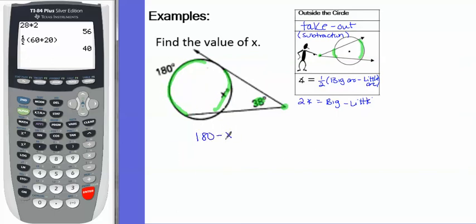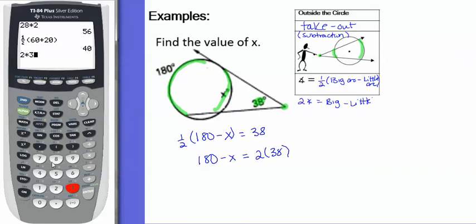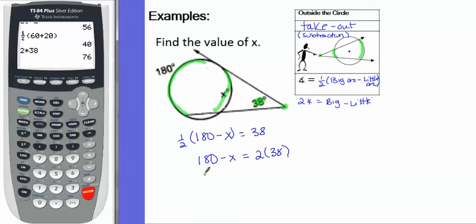I subtract X, and it equals 38. Now I could do 1/2 of all this, or like if you look what I wrote here, I could also say 180 minus X equals 2 times 38. I can do that in my calculator. 2 times 38. And what do I get? 76.